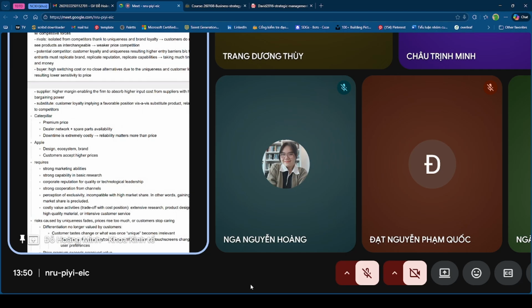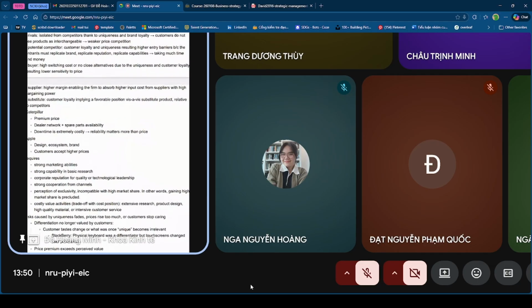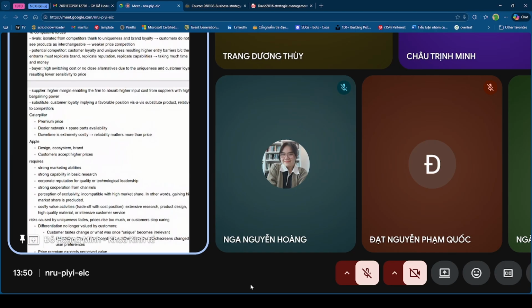How about the potential competitors? Because the customers are loyal to the brand and they consider the uniqueness of the product really matters to them, they will not switch to the product of the new entrant, unless the new entrant spends a lot of money and time to replicate the brand, the reputation, and the capability of your firm.